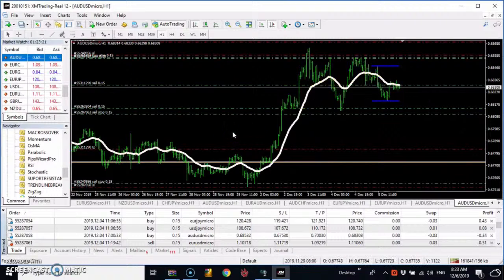So if you were a little confused about the way I've explained it, regardless of the movement of the white MA20, just follow the buy and sell as price touches the support and resistance. But you have to know exactly where you're going to take your profit.